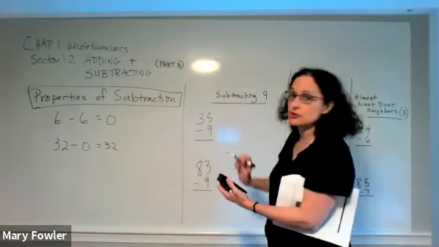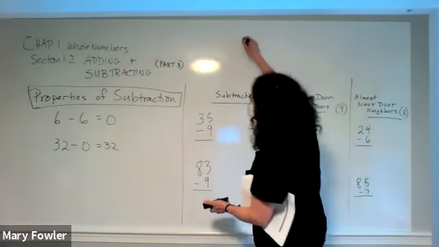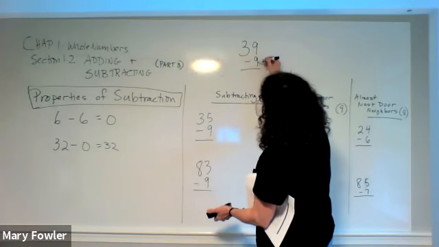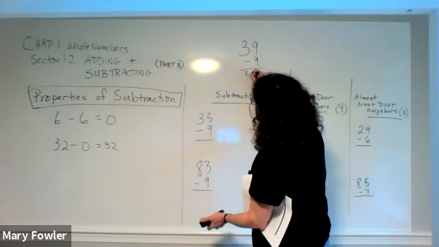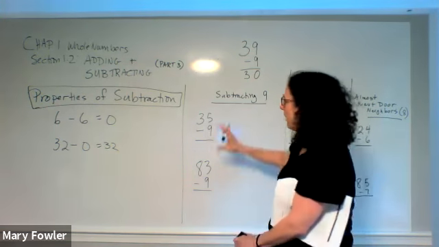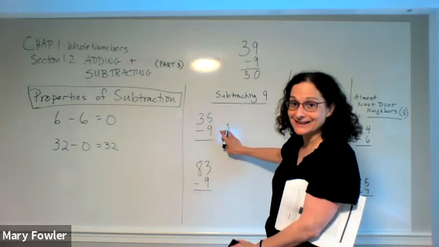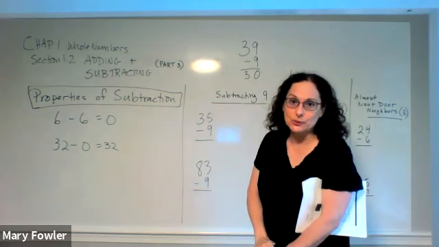So there is one situation when we subtract 9 where we don't have borrowing, and that is when we subtract 9 from 9. 9 minus 9 is 0, I don't have to borrow, and so 39 minus 9 is 30. However, when we look at this problem here, 35 minus 9, and I try to take 9 from 5, I can't do it.